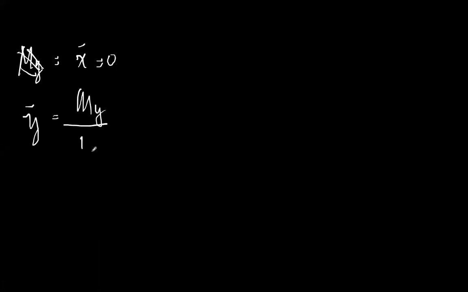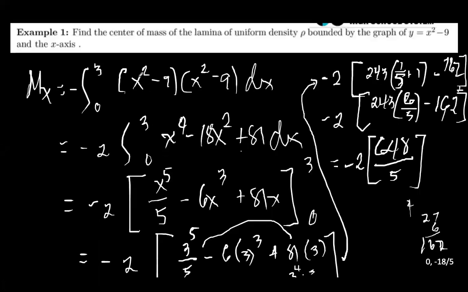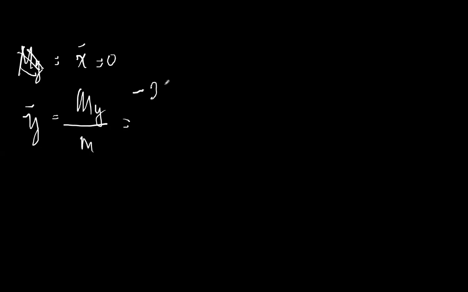Our m sub y is equal to 0, so x bar is equal to 0. Our y bar is equal to m sub x over m. And m sub x is equal to negative 2 times 648 over 5.